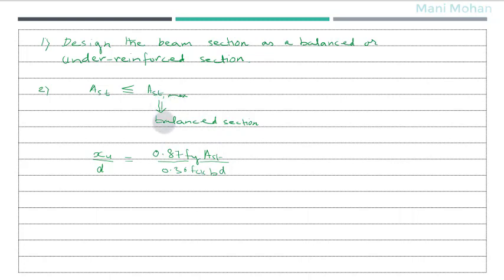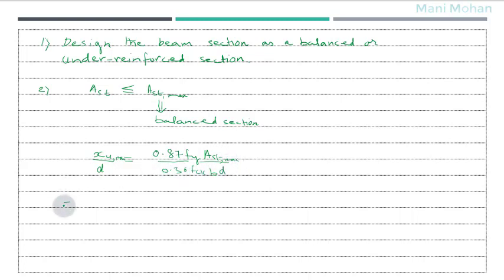Now I said maximum steel corresponding to the balanced section. If my neutral axis depth is maximum, my steel is also going to be maximum. For a balanced section, xu will become xu max and your area of reinforcement will be the maximum steel which corresponds to the balanced section.